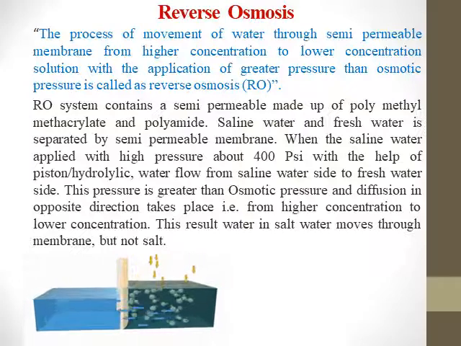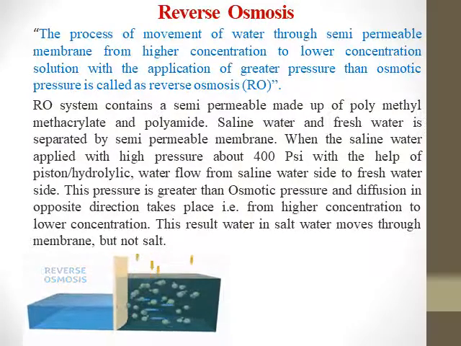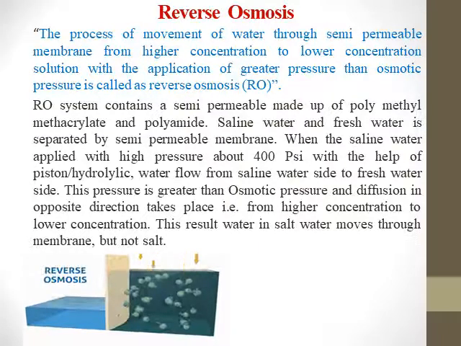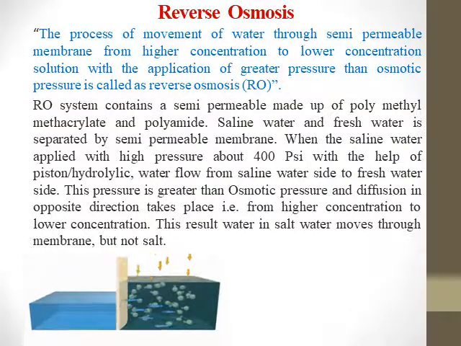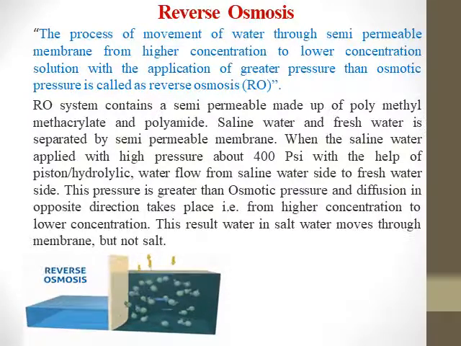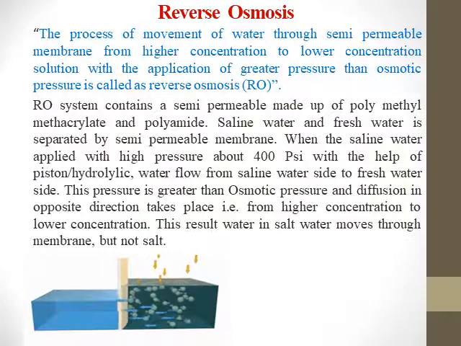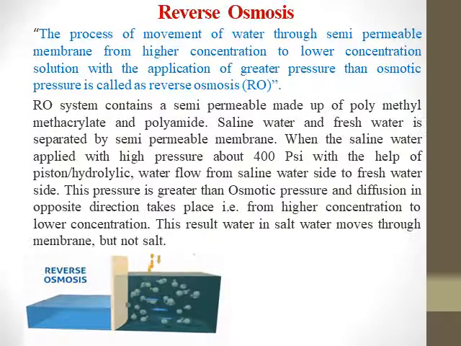That movement of water molecules from the water side, lower concentration, to the salt water side, higher concentration, is called osmosis. So osmosis is the movement of water molecules from the water side to the salt water side through the semi-permeable membrane.